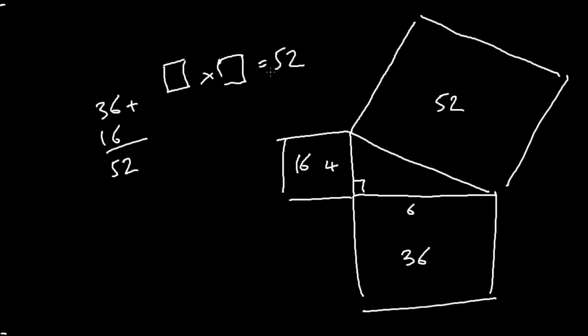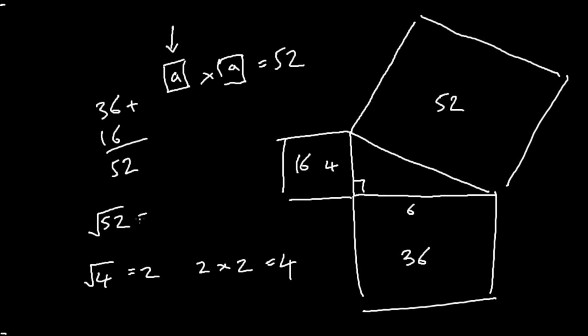So what you have to do in this case is find the square root of 52. So this number here, the magic number that you'll do twice to make 52, you can find out by writing a square root. So if you do the square root of 52, it will find the mystery number. For example, the square root of 4 is 2, because 2 times 2 equals 4.